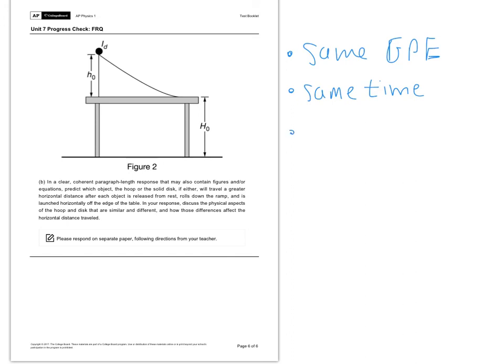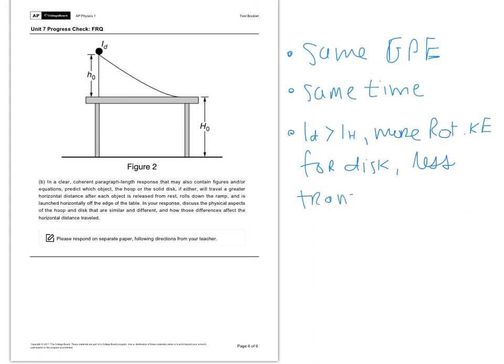Now, what's different? Because the moment of inertia of the disk is greater than the moment of inertia of the hoop, and it does tell us that, the disk is going to have more rotational KE. So more rotational kinetic energy for the disk, meaning less translational kinetic energy for the disk.